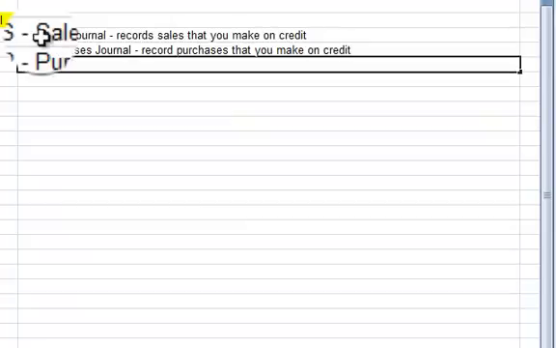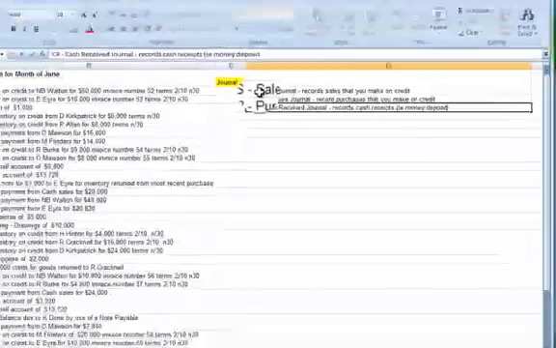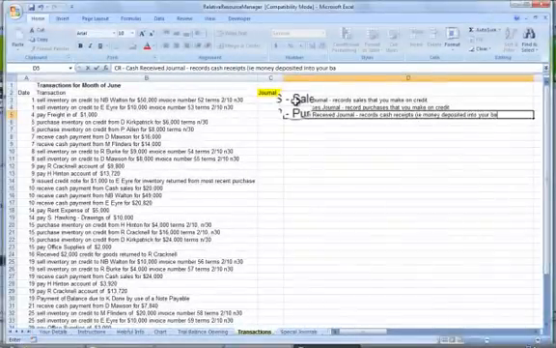Then we have the cash received journal, and I guess fairly obviously you record cash receipts, i.e. money deposited into your bank.